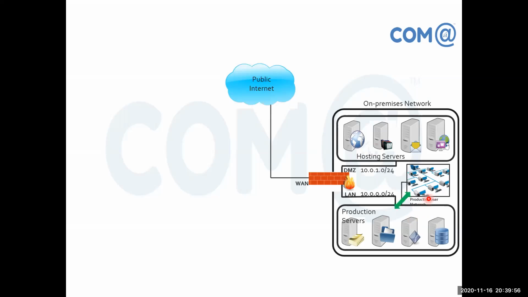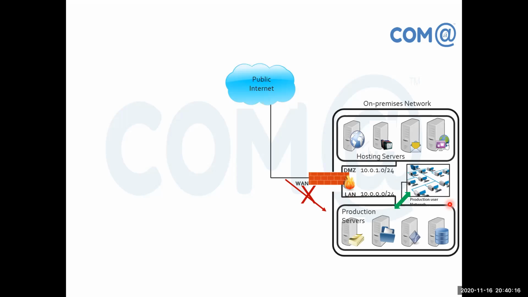Also, the production network users will be able to access the production servers. This will be the general configuration on premises. And any traffic from the external network to the LAN network will be blocked in the firewall.